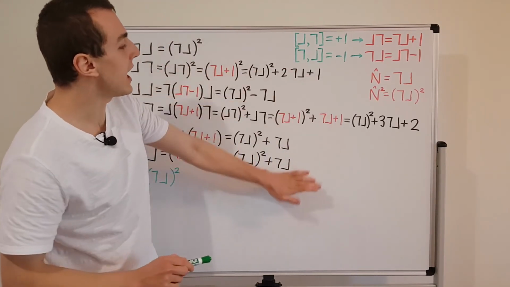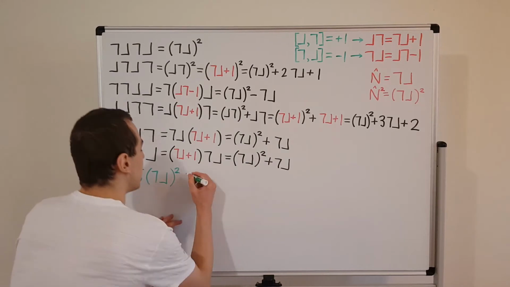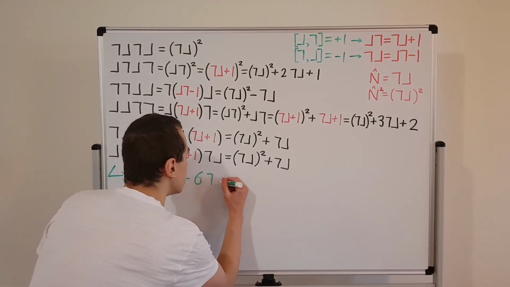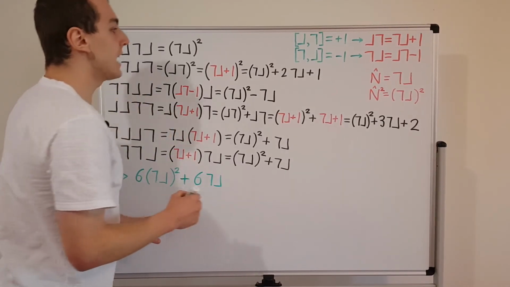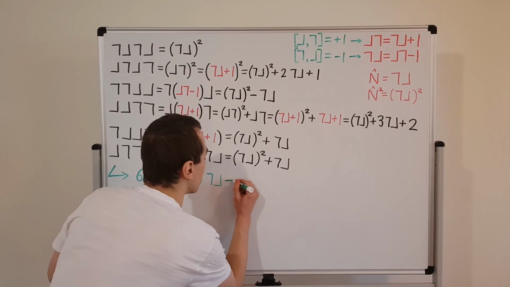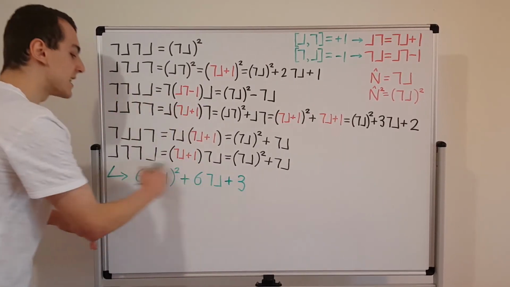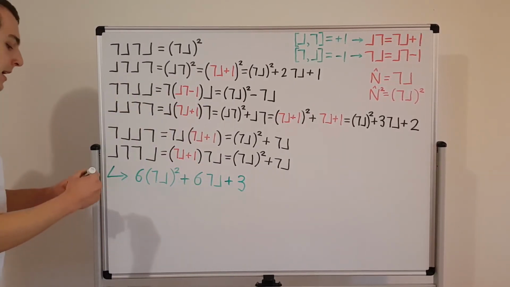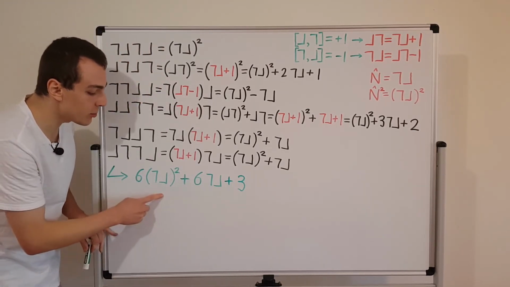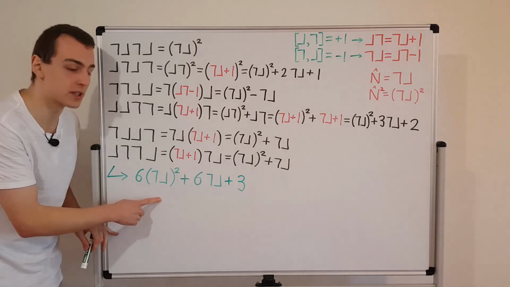In total, we have 6 copies. So that's 6 copies of raise lower. And we also have plus 1 and plus 2, which is plus 3 in total. So this is the sum of all of these terms. And this is actually what we used in the previous video when we were doing the rotating wave approximation.